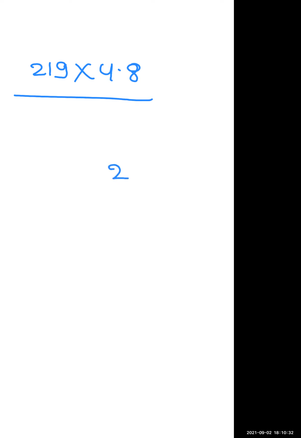So 219 times 48. Now 8 times 9 will equal 72. So write down 2 and carry over 7. 8 times 1 equals 8, plus 7, 15, write 5 and carry over 1. 8 times 2, 16, plus 1, 17.